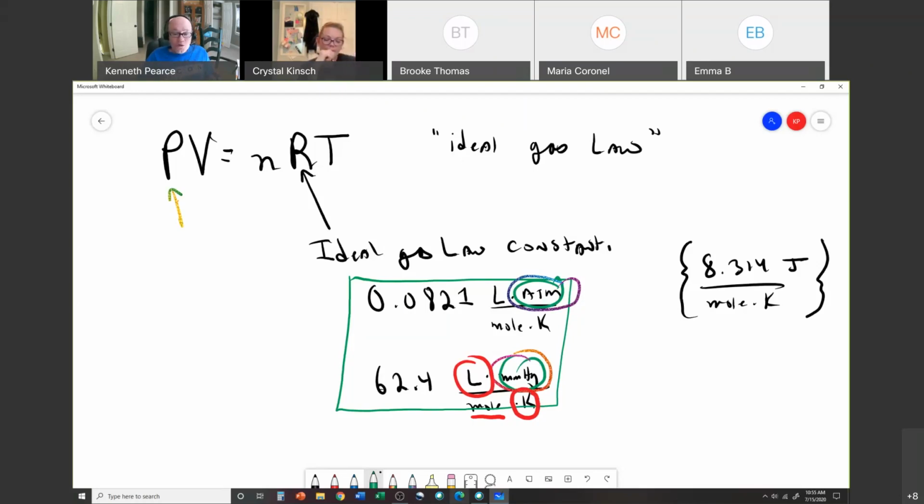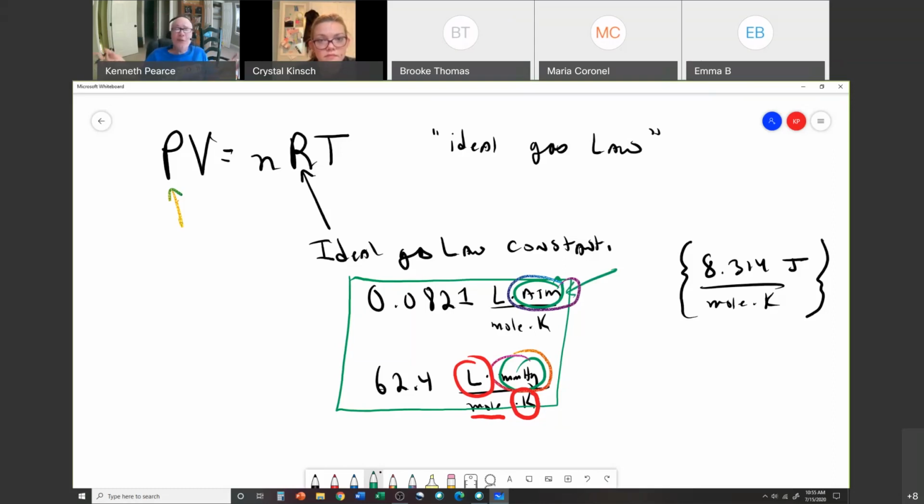So you don't want to just pick a random number. Don't be what I was. Don't do what I did when I was in your position, which was I would just say, you know what, I don't know, but today it looks like 0.0821 might be the one I need to use. Don't do that. You look at the units and you pick your R based on the units.